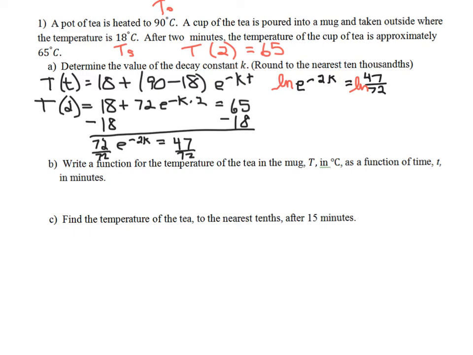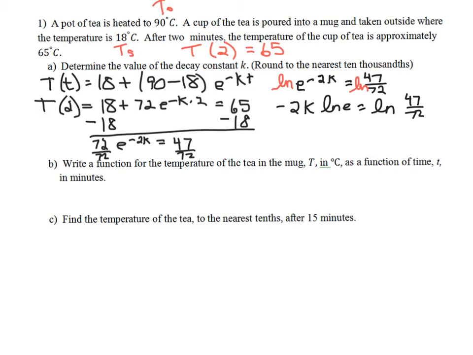Whenever I have an exponent inside a log of an exponential, I bring that exponent down in front. So I have negative 2k, natural log of e, equals the natural log of 47 over 72.